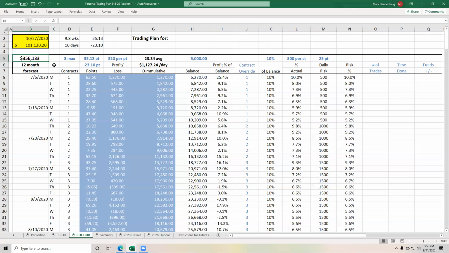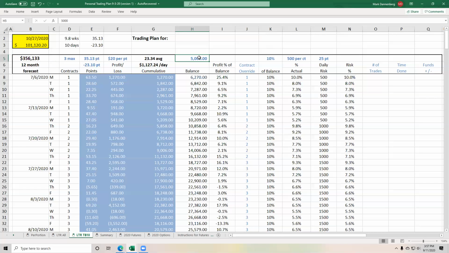So I use the trading plan and encourage our traders to use the trading plan to avoid being focused or too preoccupied on today, and look instead at the overall averages and understand where those averages could lead you to overall performance. And remember, this $356,000 is the potential, certainly not guaranteed.